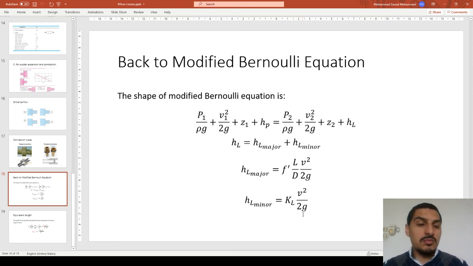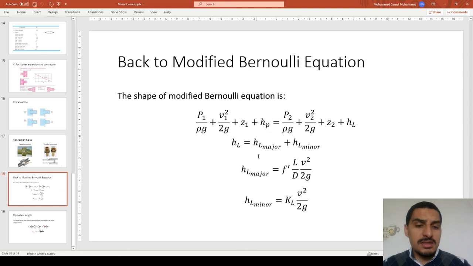So I would like to know what will be the length of the pipe that would generate losses equivalent to the sum of these two losses. So I want to convert this into a shape like this with a length, whatever the value of the length. It's good to know this equivalent length because it gives us a feeling of the percent increase in the pressure drop or in the losses.